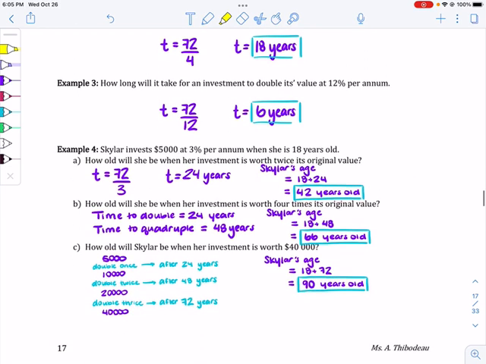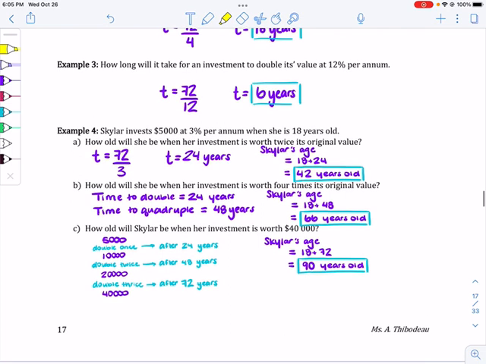So sometimes when we give you the value of an investment, it can be useless information. But sometimes, like in example 4 that we tackled here, if I start off with 5,000 and I want to end up with 40,000, I want to do that same estimation. But 5,000 to 40,000 isn't a double, right? 5,000 doubled is 10,000.